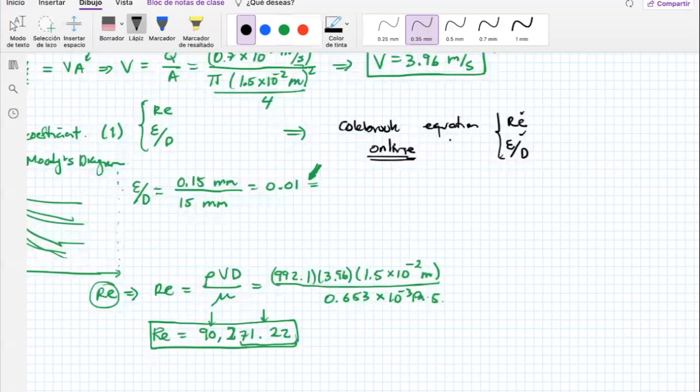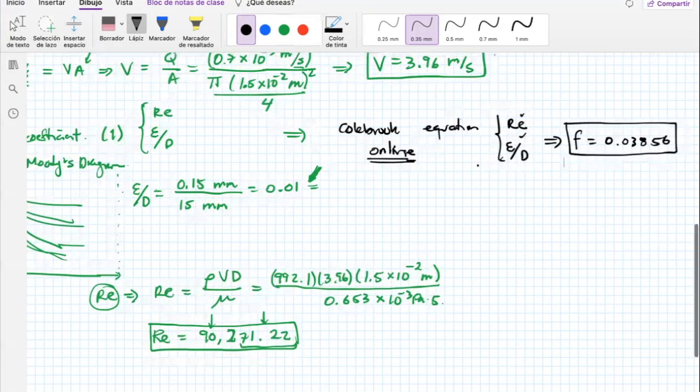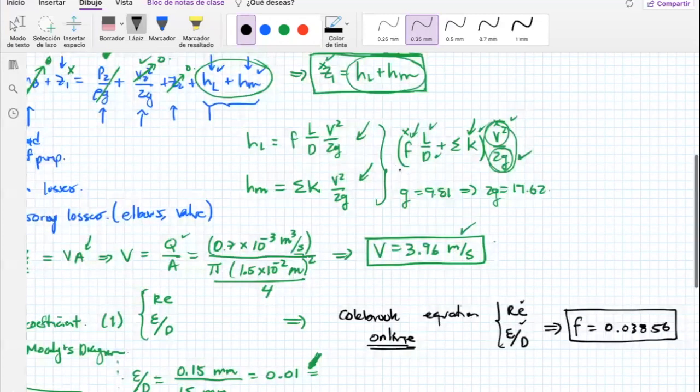With these calculators you can find that F. In my case, I found that this friction coefficient was around 0.03856. It's a very small number, without units. So I already have the friction coefficient, which was the missing part of my whole puzzle.